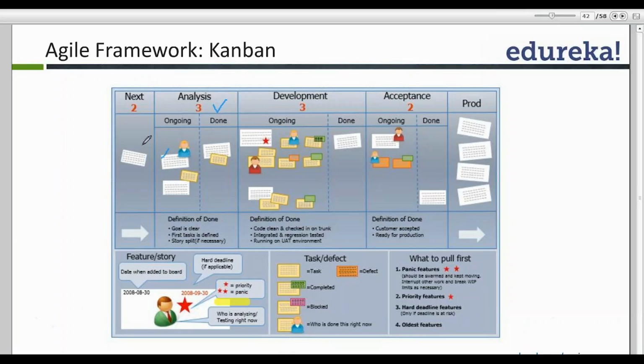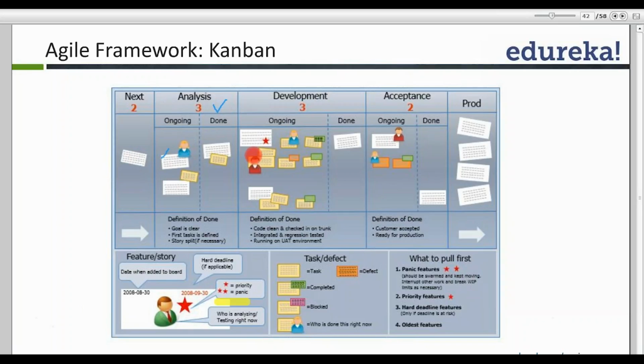So Kanban is a pull-based system. Always remember that Kanban is a pull-based system and not a push-based system. In a pull-based system, this zone will decide how much work it can pull and start work on it. Only when there is an empty slot here can you pull from the upstream process.